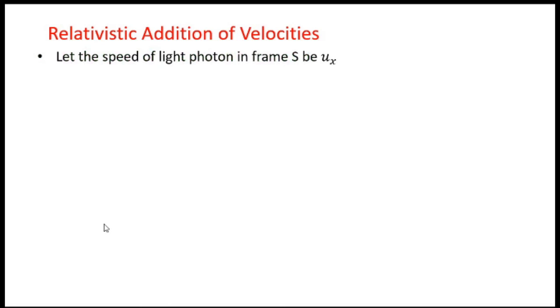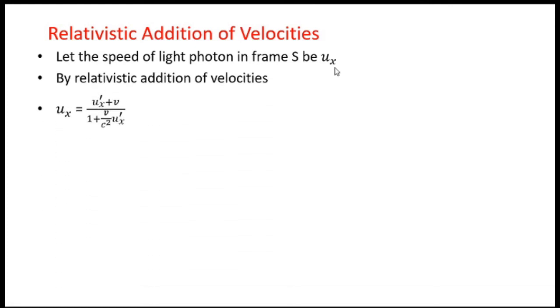Now let the speed of this same light photon, if measured in the frame of reference S, be ux. Now by relativistic addition of velocities, we have the formula that ux is equal to (ux dash plus v) divided by (1 plus v upon c square ux dash). And we know that ux dash is equal to c.